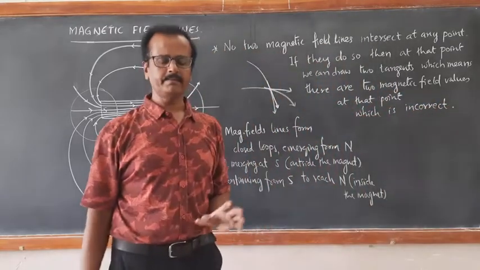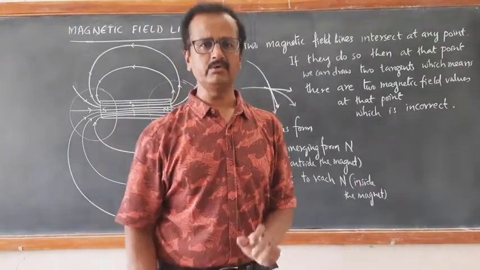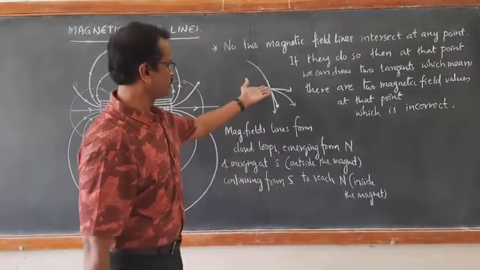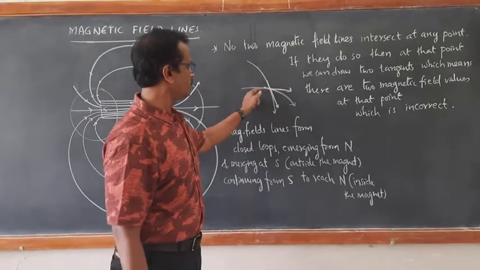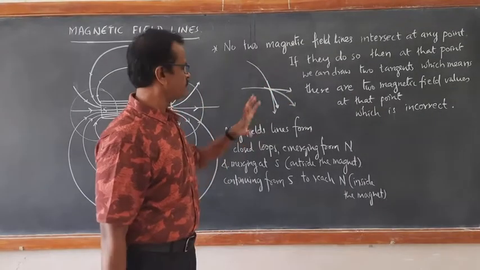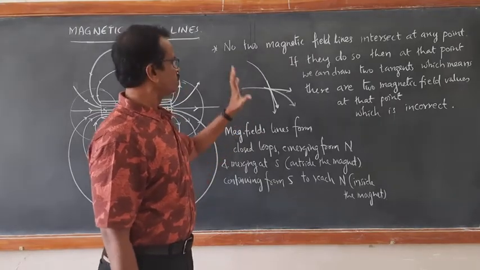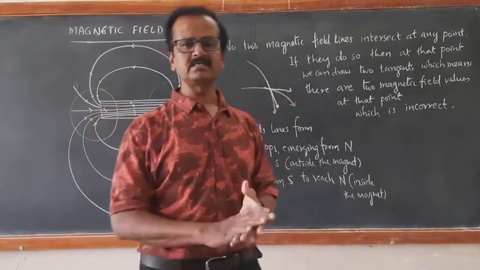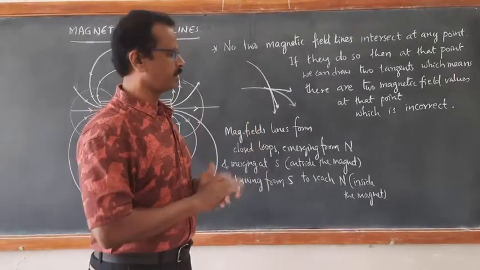At any given point, magnetic field has a fixed value and a fixed direction. So here we will be having two directions. One is according to this tangent, another one is this downward tangent, which cannot happen. So no two magnetic field lines intersect at any given point.